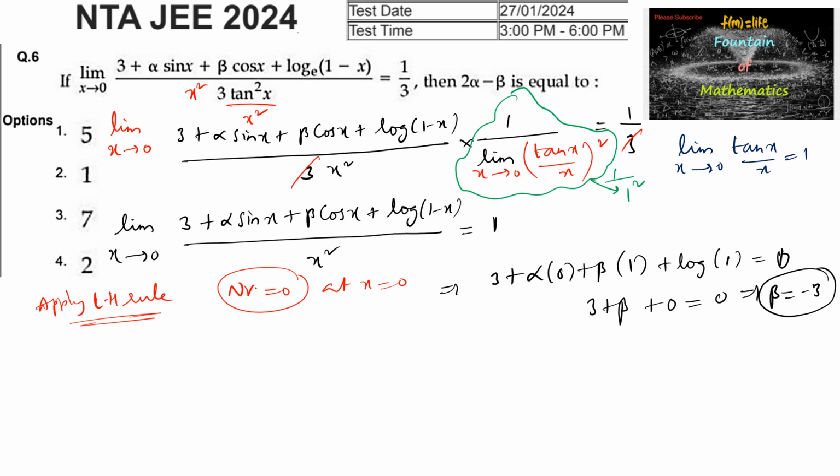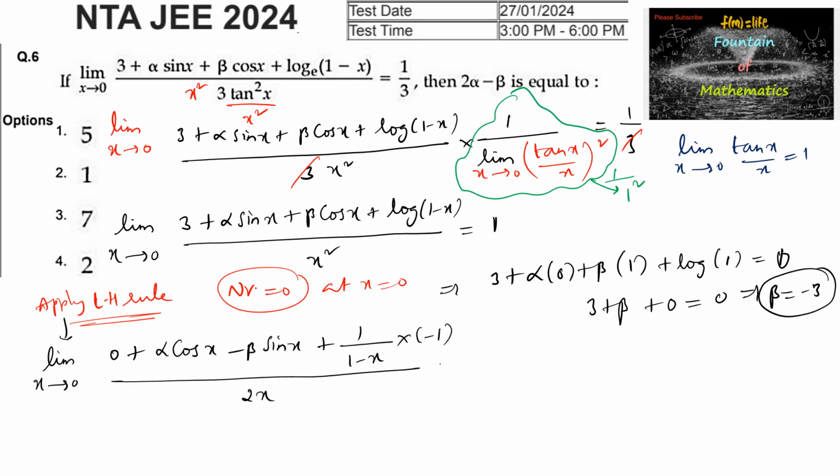And now let's apply the L'Hospital rule here. The limit as x tends to 0 of: differentiation of 3 is 0, plus alpha cos x minus beta sin x, and differentiation of log(1 - x) is 1 upon 1 minus x into the differentiation of 1 minus x, which is minus 1, upon 2x is equal to 1. And now still we can see that the denominator is 0 by substituting x is equal to 0.